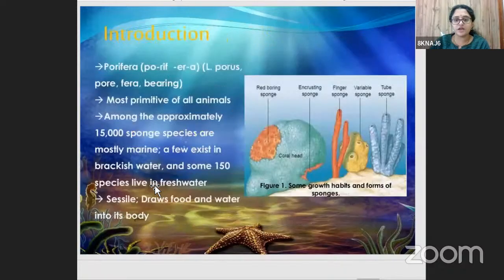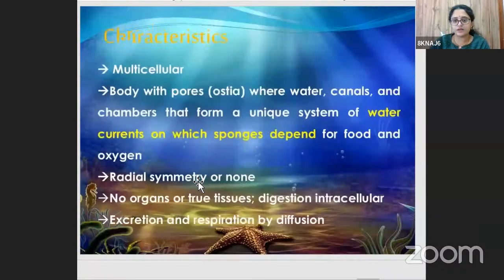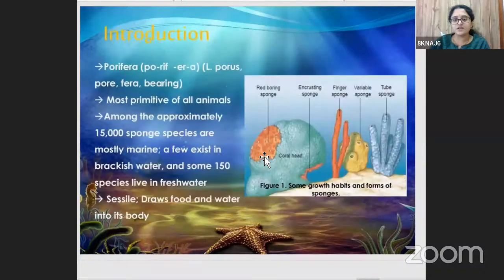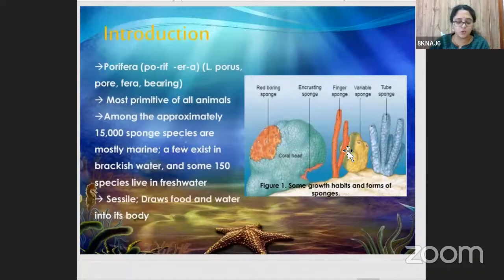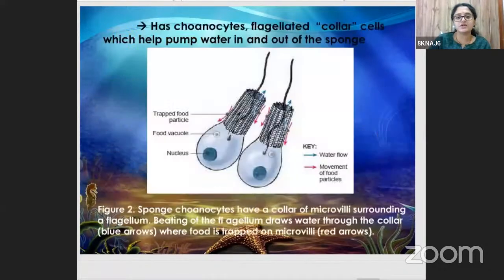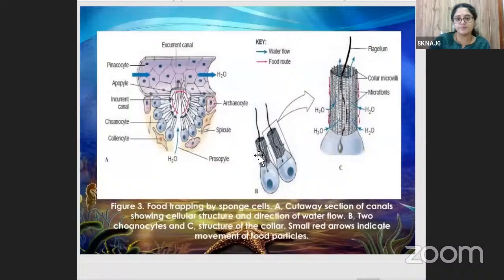Do I have a picture regarding that? Let us see over here itself. See, all this basically is made up of pores, holes, canals, etc. Numerous small openings called ostia are found all over the body, and there is a large central opening which is known as an osculum.